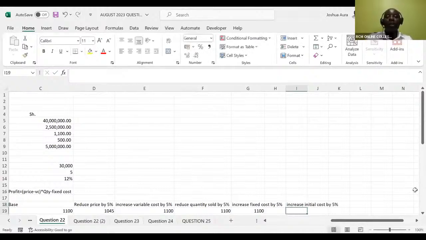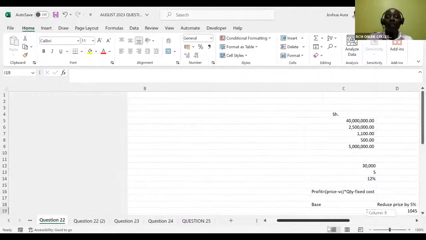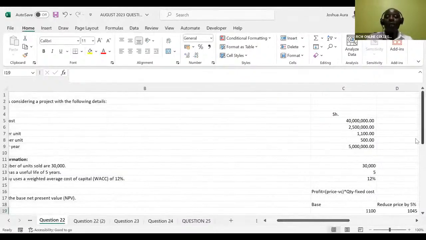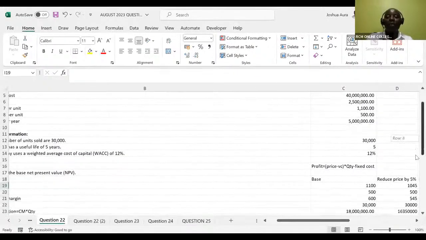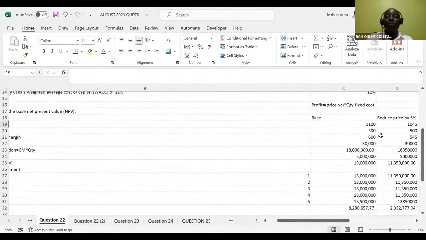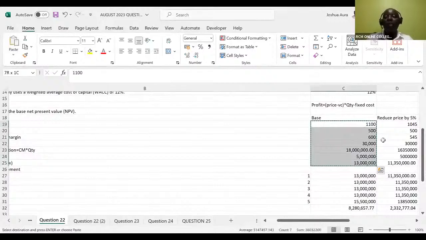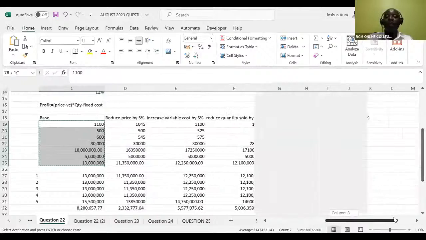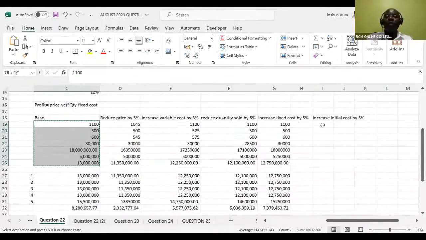So first of all, you copy. Go to the base and pick it, up to profit. So the base here. Control shift down arrow, control C to copy. Then you move back here to this initial cost. Put it here.